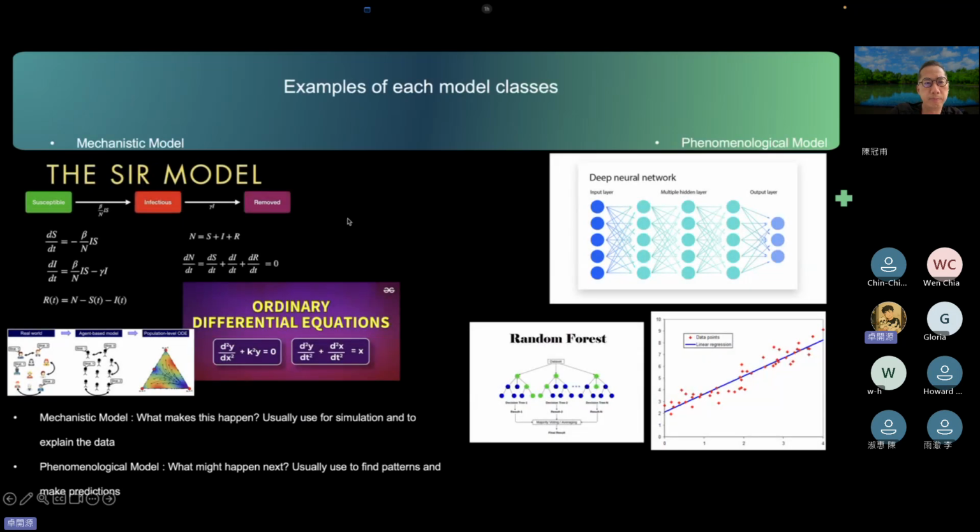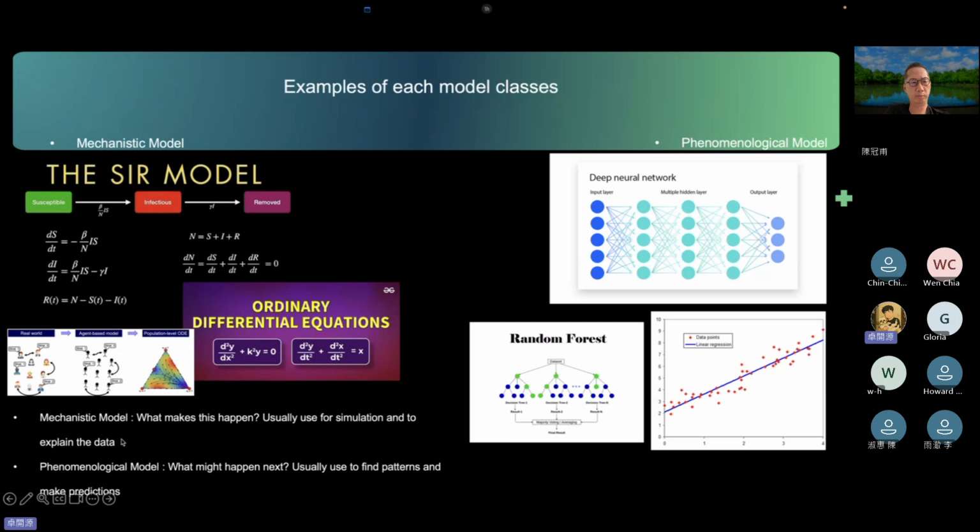Here are some examples of mechanistic and phenomenological models. Mechanistic examples are the SIR model, which is based on differential equations, also ODEs, and the agent-based model, which can simulate data and systems to find out the relationship between one data point and other data points and how it affects the whole data in general.